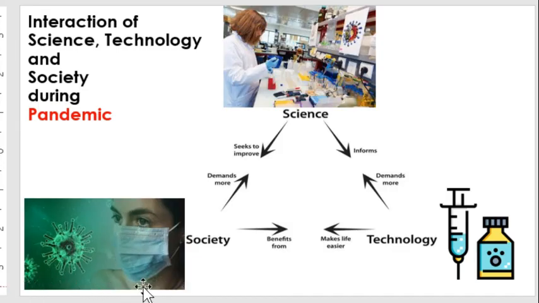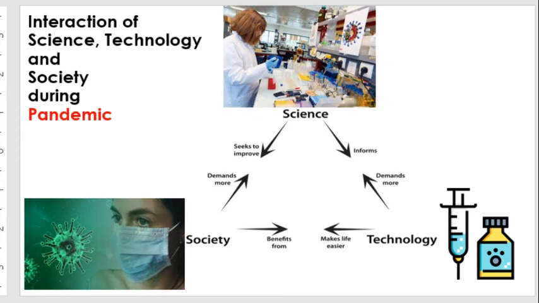For my example, I'm referring to the society who are experiencing coronavirus. What technology are you referring to in your picture? In my case, the COVID-19 vaccine. And for my science, I'm referring to the characteristic of the coronavirus.